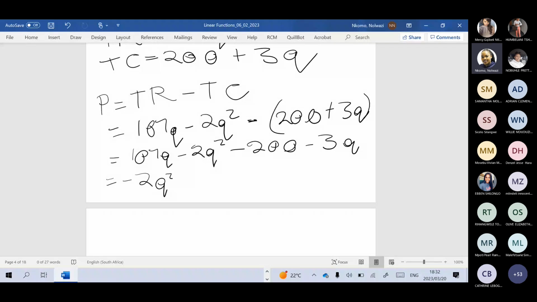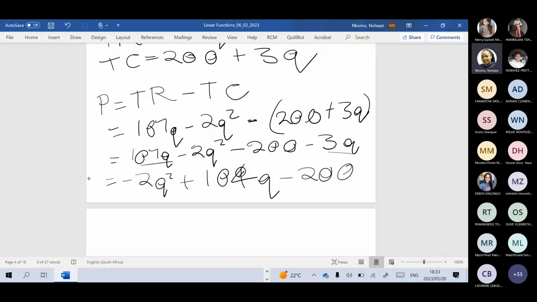And I only have minus 200 as the term with Q to the power 0. This is our profit. And the question was to find the maximum profit.